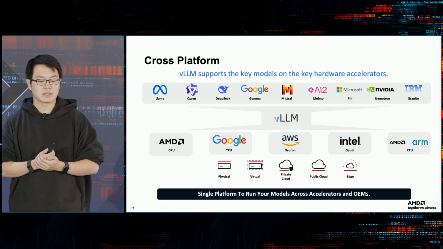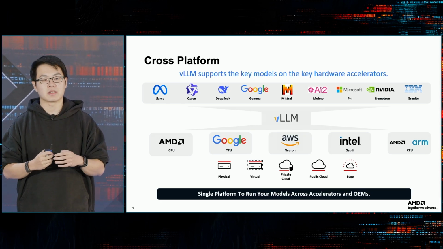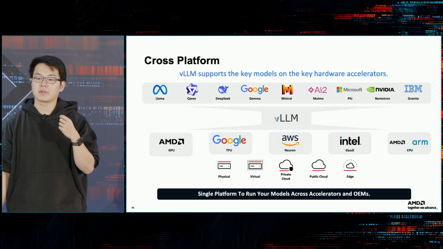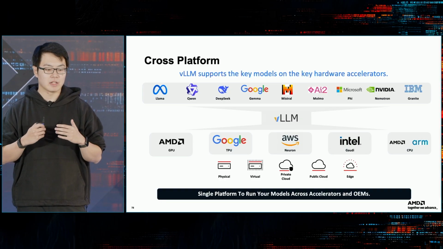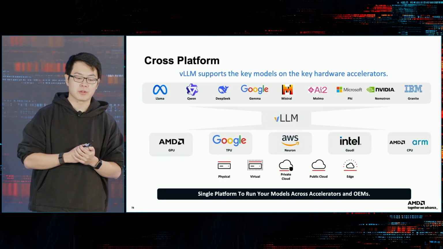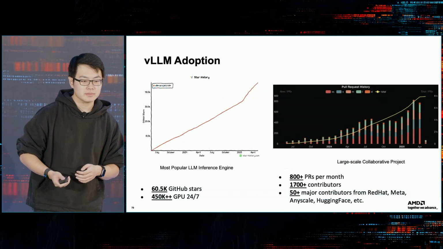We also include CPUs and other accelerators as well. But our main focus has been making sure that these new model architectures can map performantly and directly onto the hardware itself. In a way, we become this one platform to run your model across accelerators and OEMs.